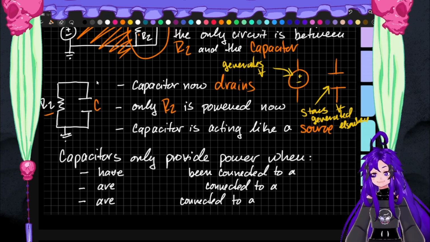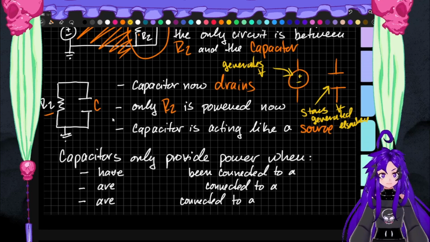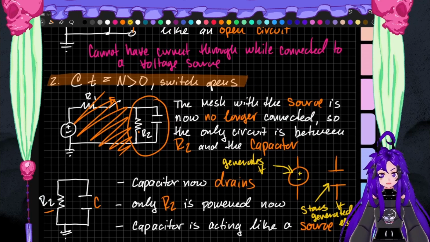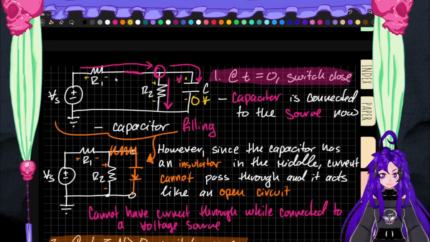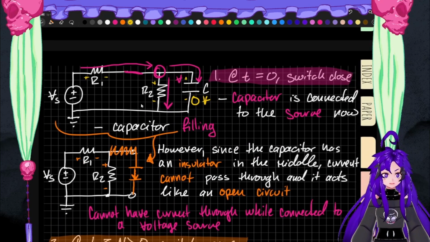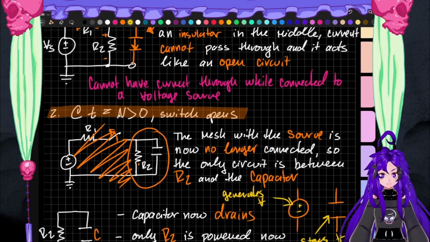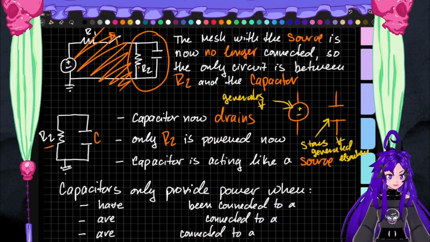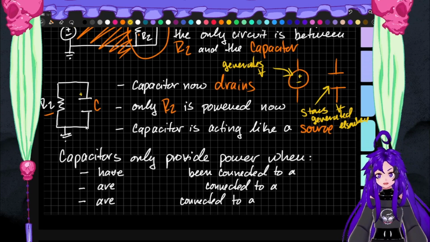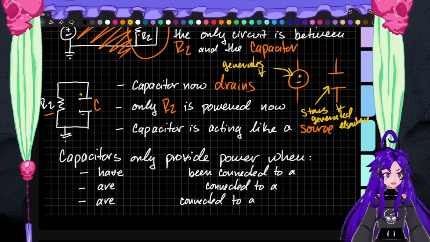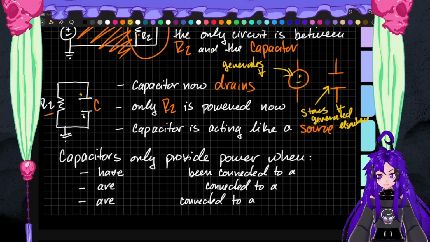However, since we spent enough time with the switch down and the voltage source powering this circuit, this capacitor filled up. And since it's full, since it has a high potential difference, it can now provide power.